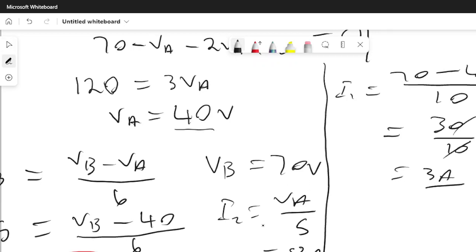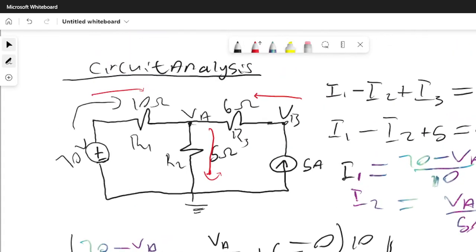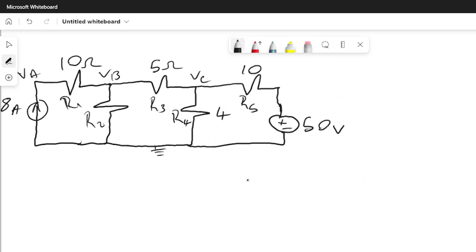I have my I1 as this, I have my I2 as 8, my I3 is given. So if we go back to the circuit, we have 5 and 3, so 5 plus 3 will add up to 8. Now let us look at the given circuit again and analyze it.